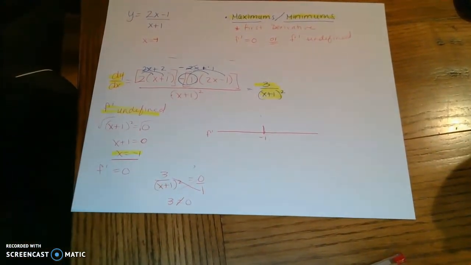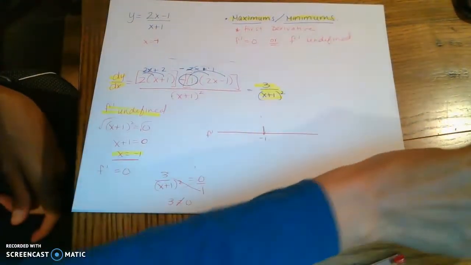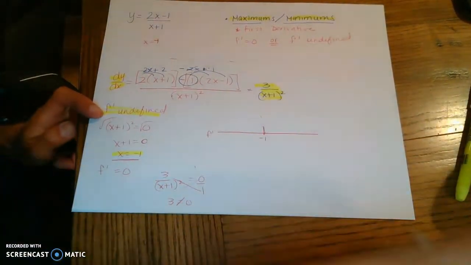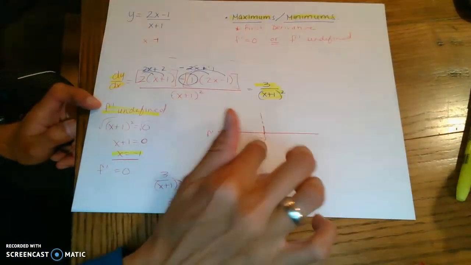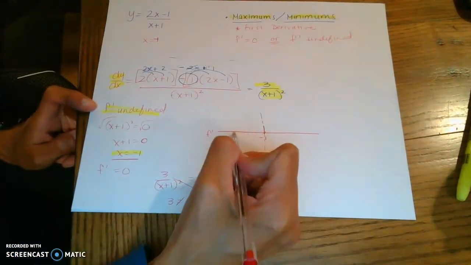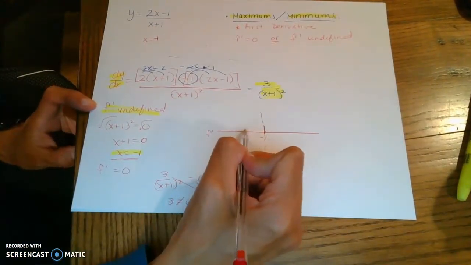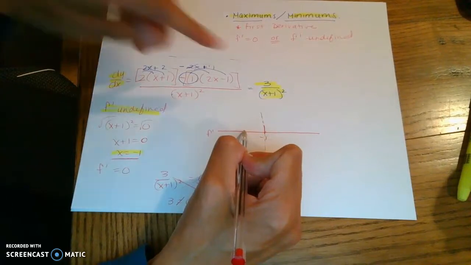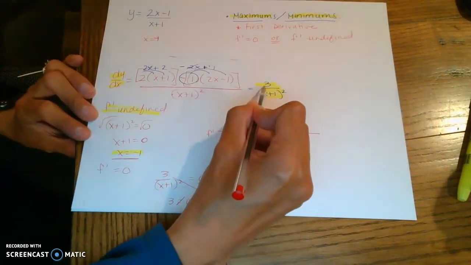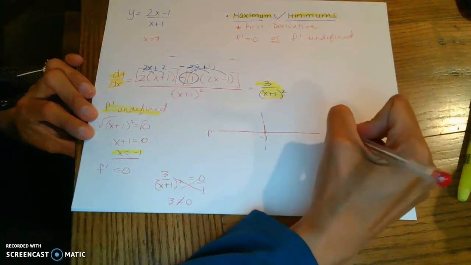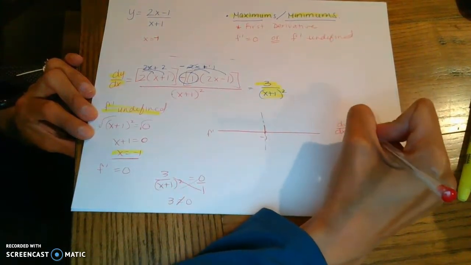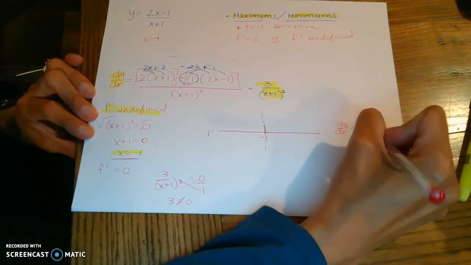So now I just am looking for, do I have any max or mins? Now I remember that at -1 from the original, I have an asymptote there. But I pick a number, first derivative test, I take a number to the left, so I'll take -2, and I'll plug it into the first derivative. So if I have dy dx is equal to 3 over x plus 1 squared.